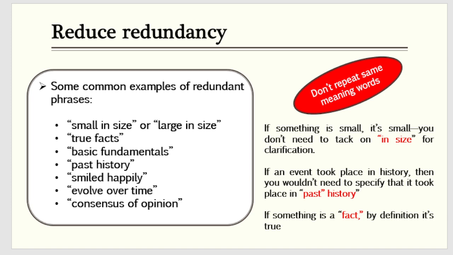Basic fundamentals: fundamentals are always basic. Past history: history is always past. Happily smile: smile and happy convey the same meaning. Evolve over time: evolution and over time mean the same. So if something is small, it's always small, don't add in size for clarification again. Don't repeat words with the same meaning.